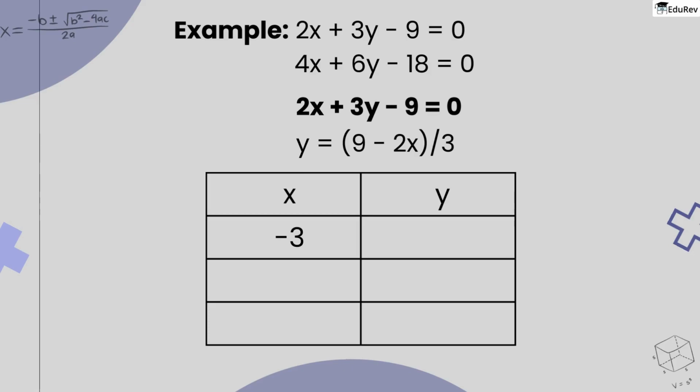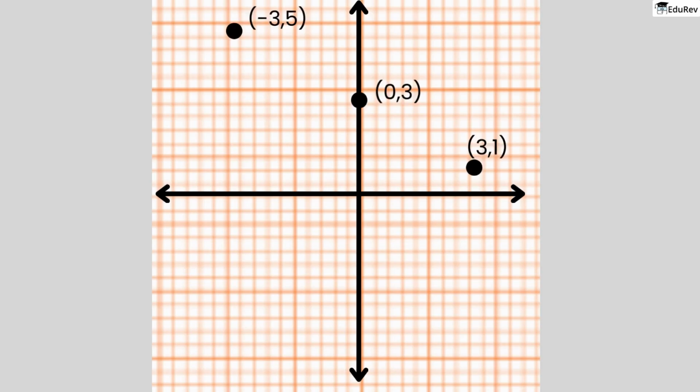For x equals minus 3, 0 and 3, we get y as 5, 3 and 1. The coordinates for the equation are (-3, 5), (0, 3) and (3, 1). We plot these on the graph and draw through these, obtaining a straight line.